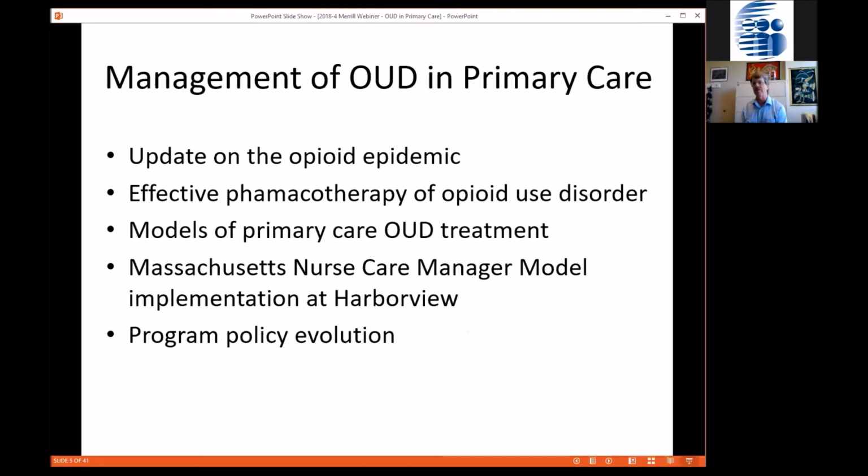I do want to spend the bulk of the time on models of primary care of opioid use disorder treatment, specifically a program that we have at Harborview and a little bit spread around as well, called the Massachusetts Nurse Care Manager Model, and its implementation at Harborview. And then some program policy evolution, kind of how our program has changed over time in terms of our clinical practice.